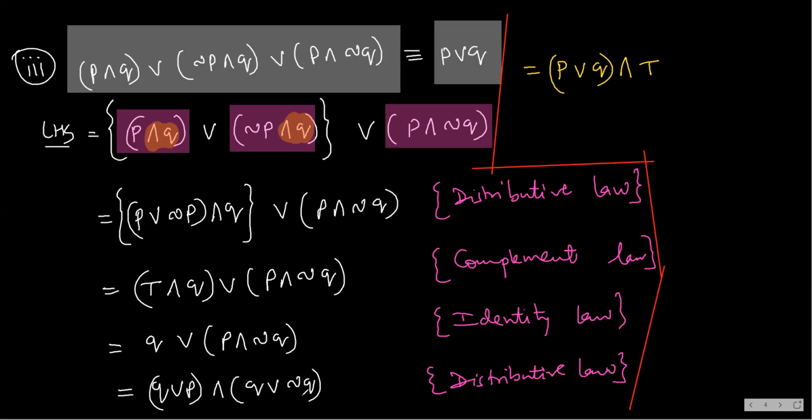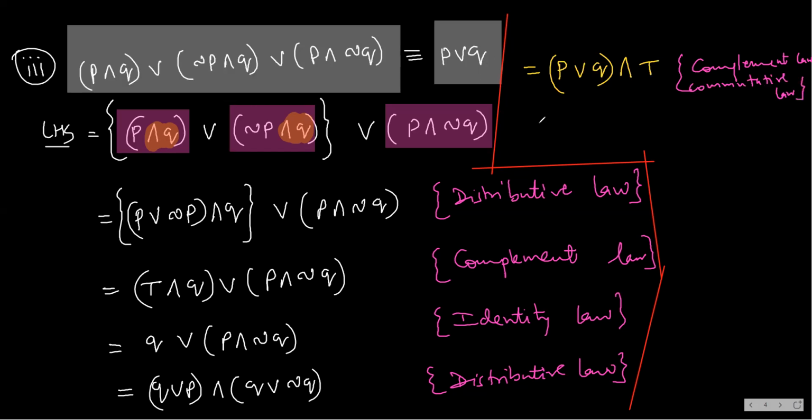And if Q is false, then negation Q is true, so you will have false or true. It will always be true. Which law is this here? This is complement law. And we also used commutative law.